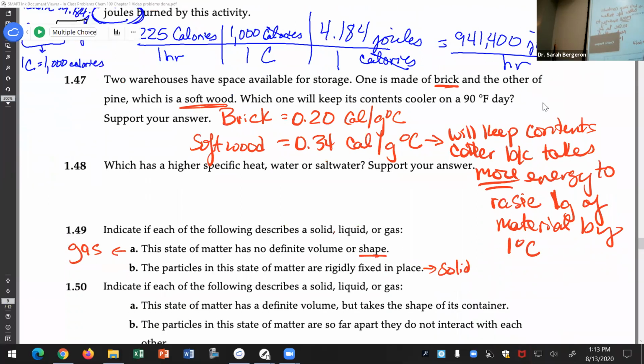All right. Let's see. When we talked about the videos, specific heat. What has a higher specific heat, water or salt water, and support your answer? When you look at a table in your book, water has a specific heat capacity. Anybody remember?